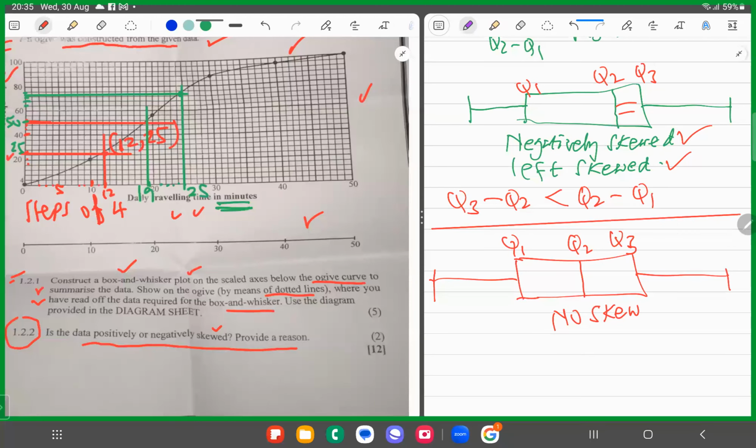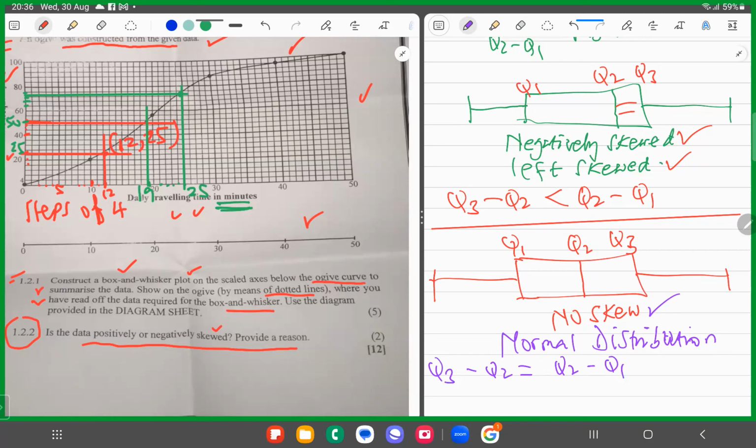But I will say to you, when it comes to no skew, it is something we call the normal distribution in statistics. Normal distribution. It means that Q3 minus Q2 is equal to Q2 minus Q1.